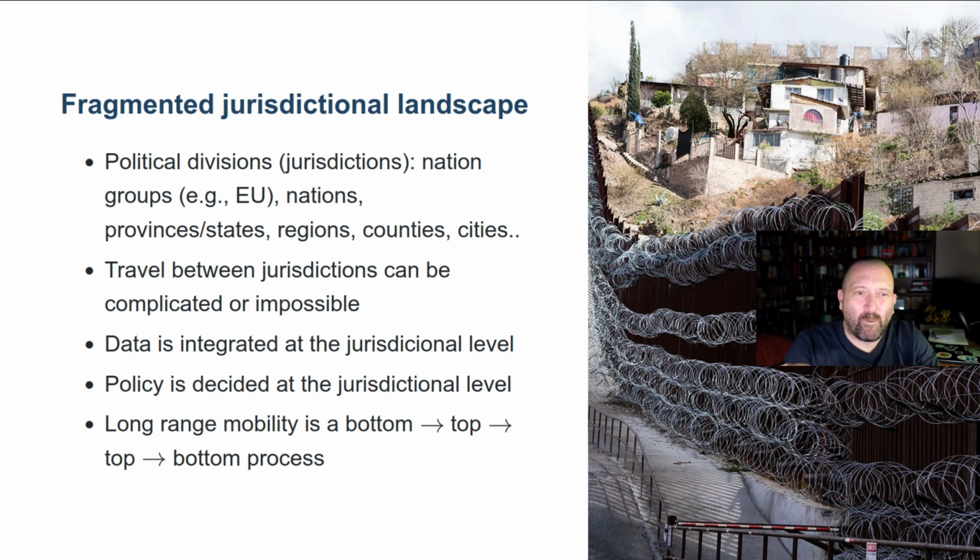So first of all, there can be difficulties traveling between jurisdictions. Here I'm illustrating, I believe, the border between the US and Mexico. I don't remember where, but this illustrates how difficult it can be to go from one place to a place very close to it. So travel between jurisdictions can be complicated.